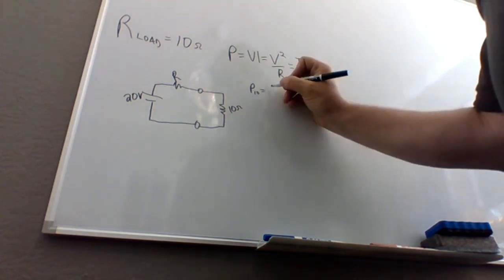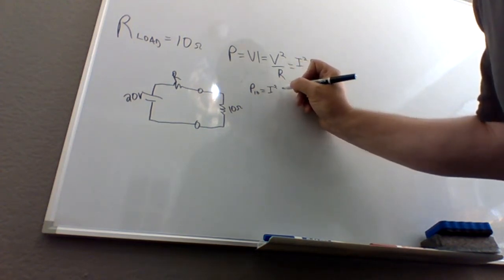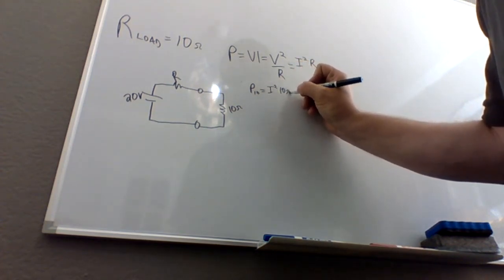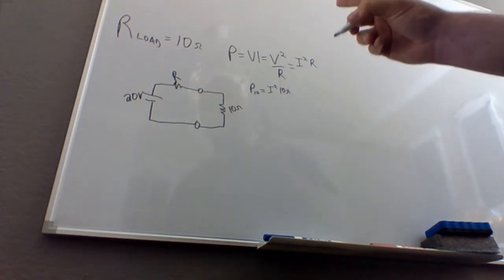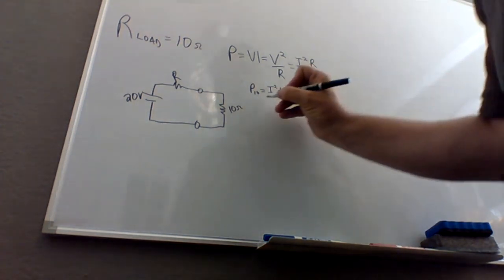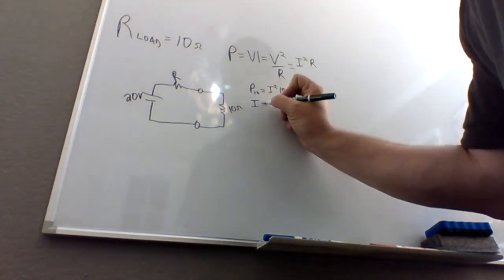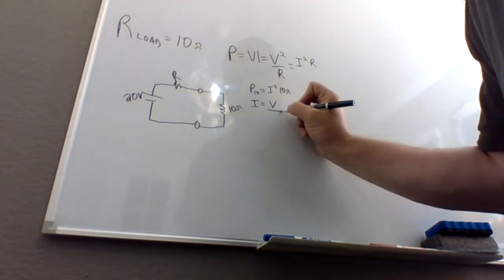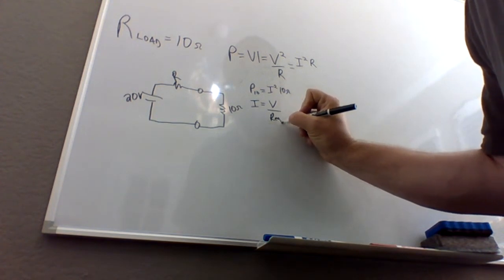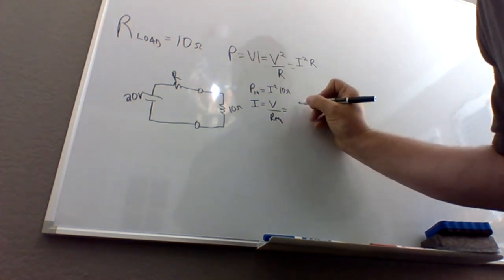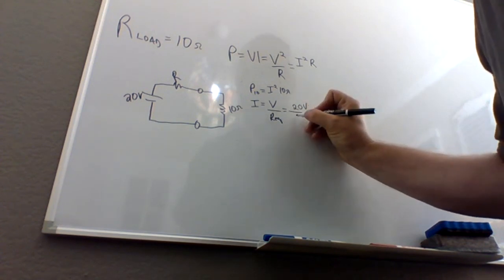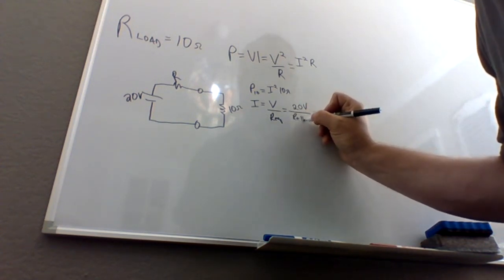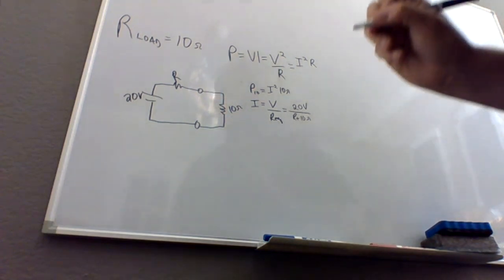That's going to be equal to I squared times 10 ohms. Right? Now, I is equal to V divided by R equivalent, which means it's equal to 20 volts divided by R plus 10 ohms. Correct?